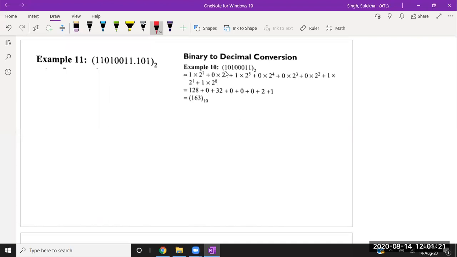If there is no fraction, you take your binary number and the locations of one, because if you take the location of zero and convert it into a decimal part, your contribution will become zero. So mainly all the ones will be effective while converting any binary number into any base.